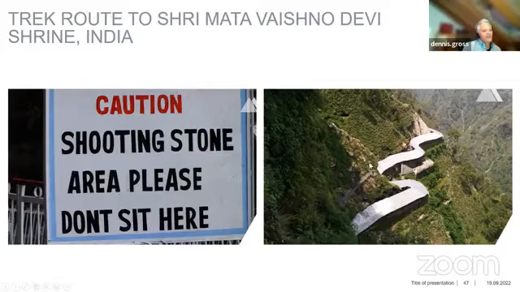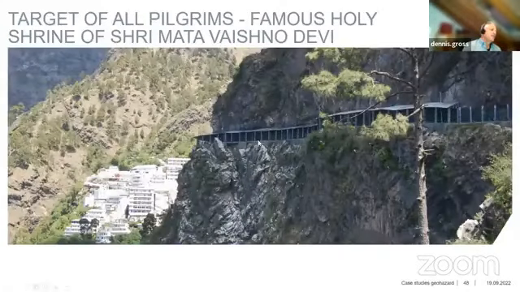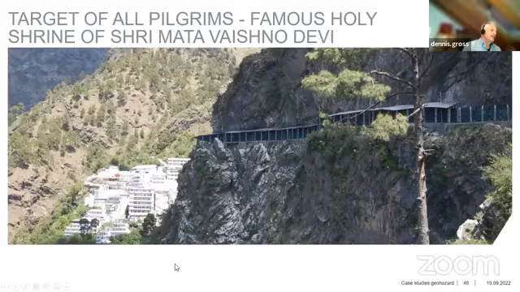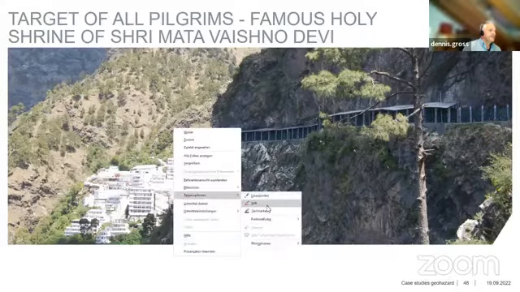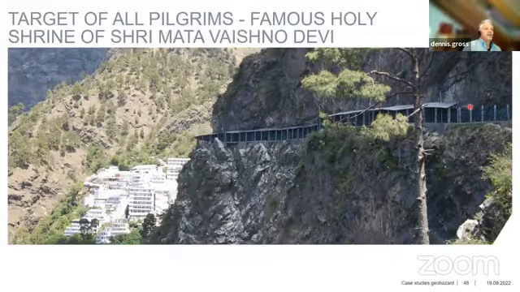So you can see here this metal roof. And on that picture, you can see here on the left-hand side, that is the shrine location. And you can see here again, this is the pilgrim path.